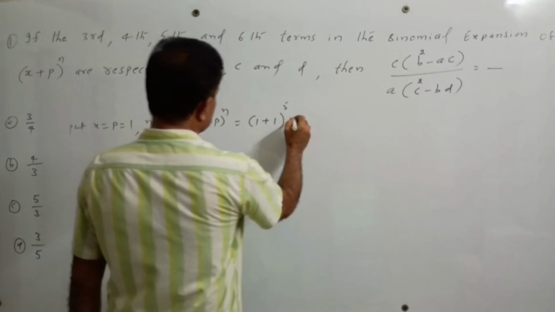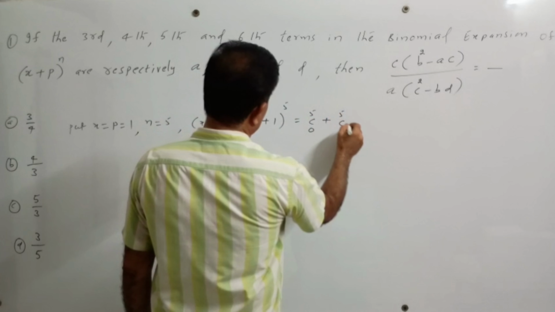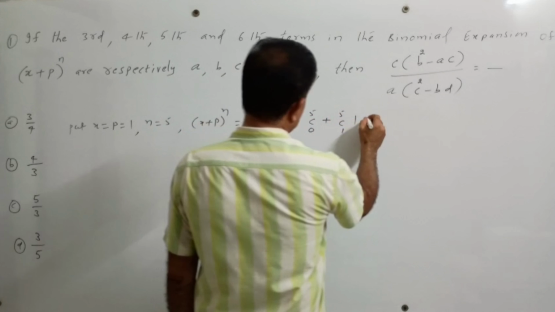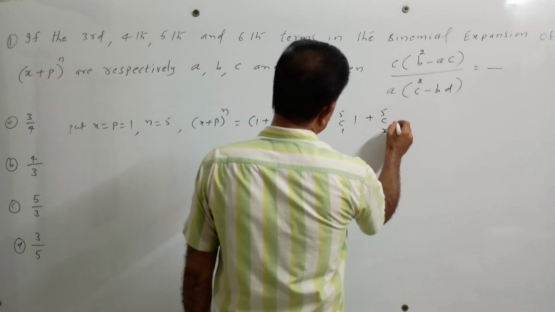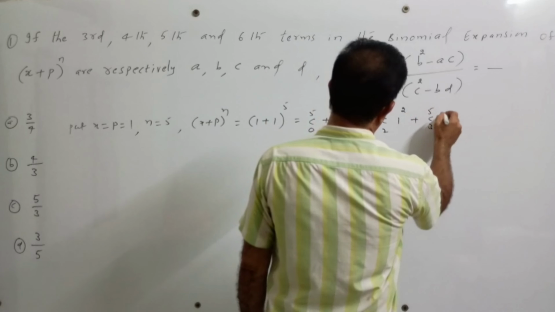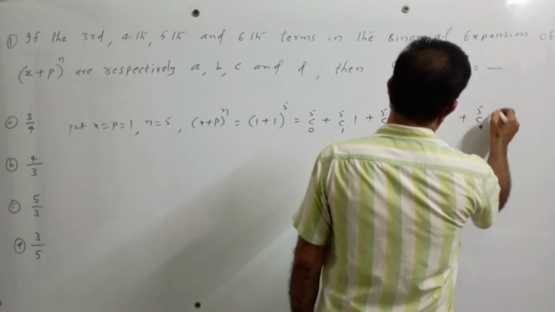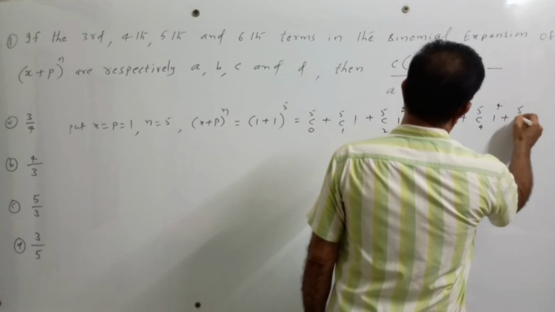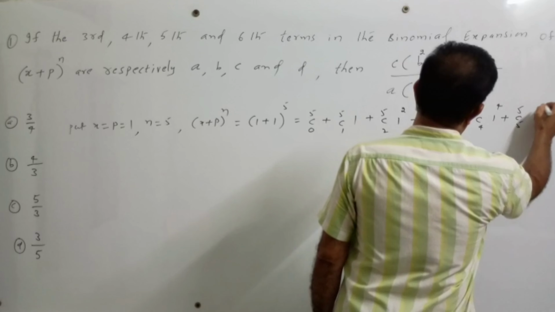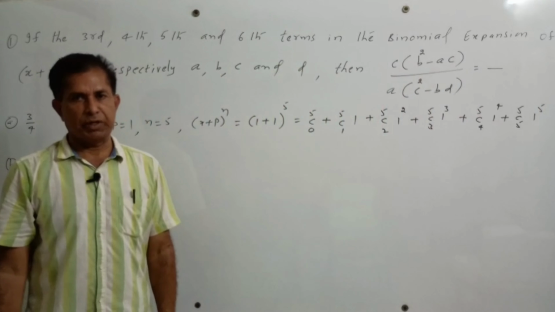Its binomial expansion is 5C0 + 5C1 × 1 + 5C2 × 1² + 5C3 × 1³ + 5C4 × 1⁴ + 5C5 × 1⁵. Just I took the binomial expansion.